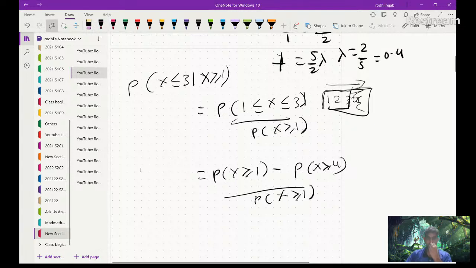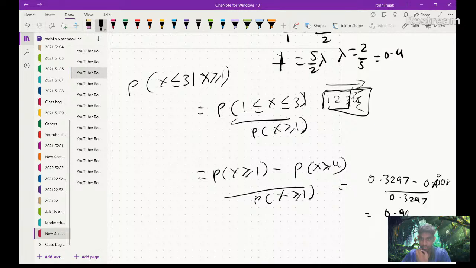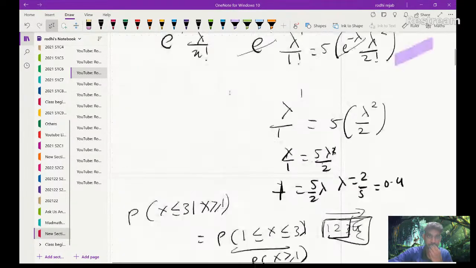After this it is just reading from the table. So we will get 0.3297 minus 0.0080 over 0.3297, and the answer we will get is 0.99757. That is question number 3.